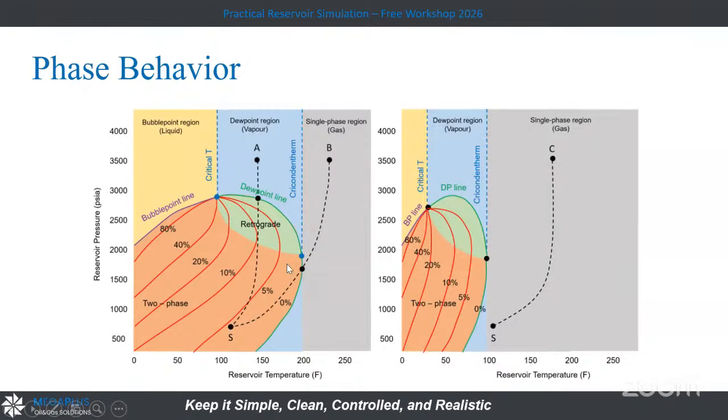You will find each fluid will have a shape like this that can explain the liquid to gas percentage. Here if we have the bubble point, in the liquid phase, the bubble will start at this condition, and then when the pressure declines, gas will evolve, and then 80% to 40% and 20%, and then it will decrease like that.